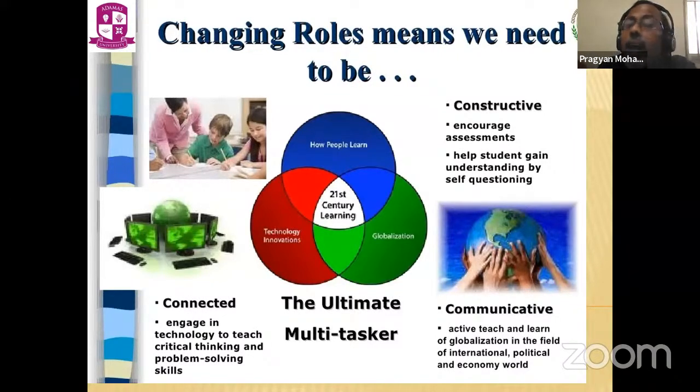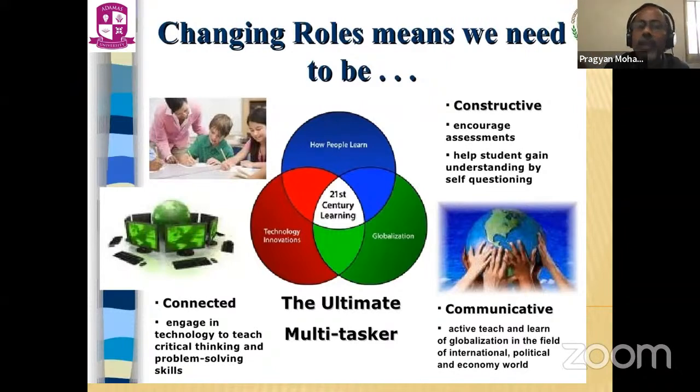The teacher is the ultimate multitasker and also enforces the learner to be a multitasker, where eventually lots of information can be collected in different forms. So multitasker means, what exactly are the role features of the teacher?